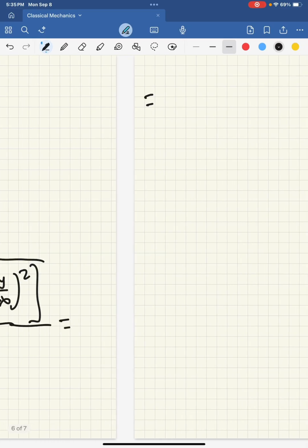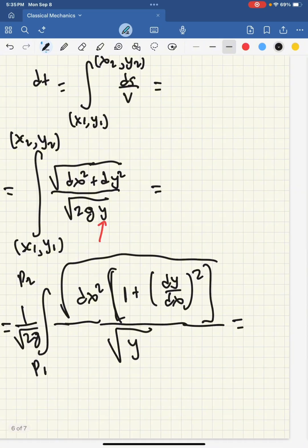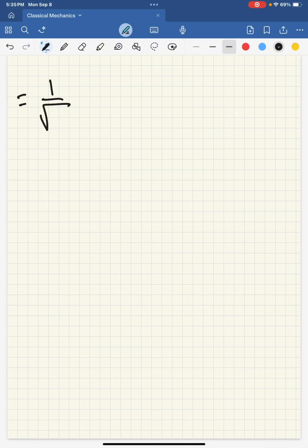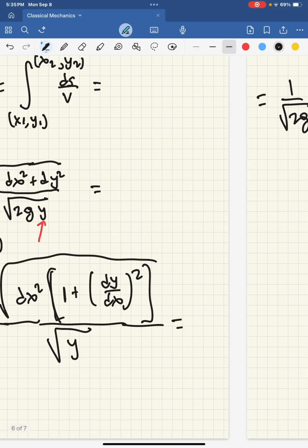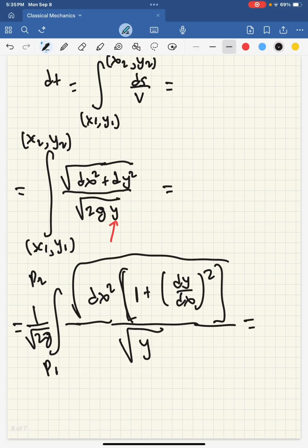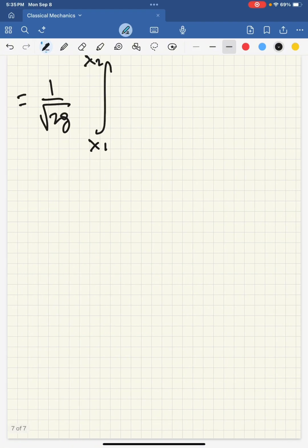So this simply becomes 1 over the square root of 2g times the integral from x1 to x2. So we have a dx and then a square root.